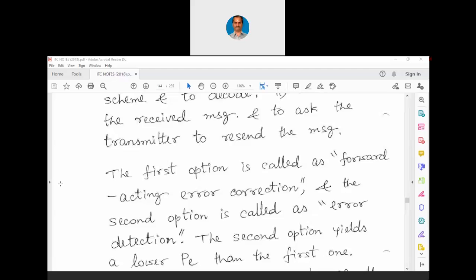But there the overhead is that until the complete memory is full, transmission cannot happen. Until the complete memory is full, even at the receiver, decoding will not happen. That particular timing is called latency or delay. That latency has to be compromised there to overcome the burst error.